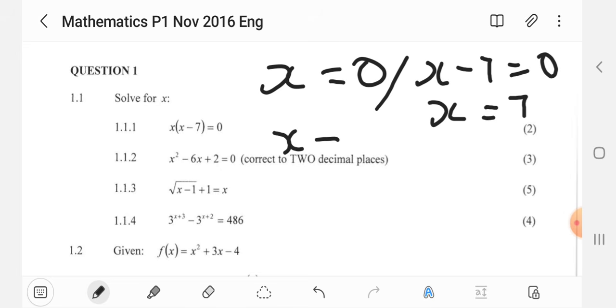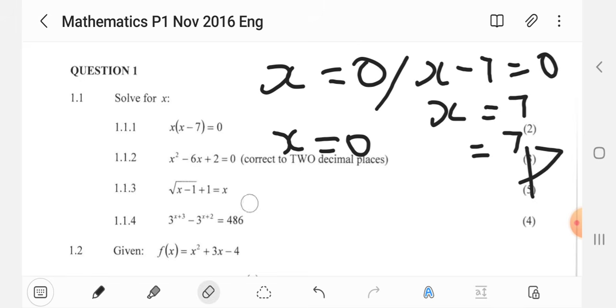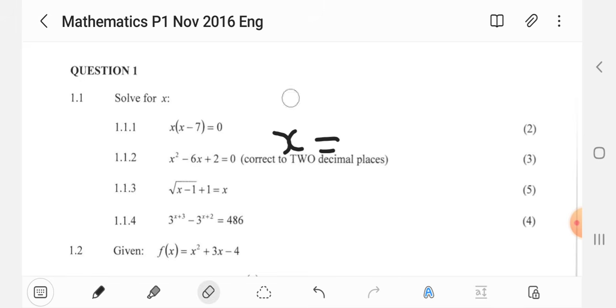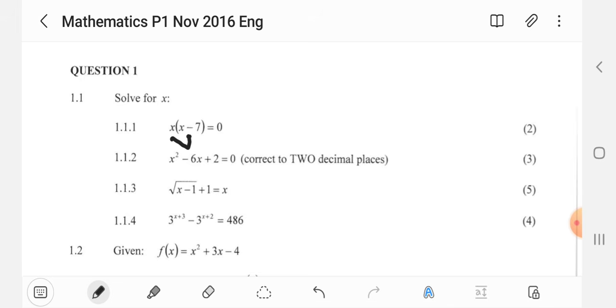So we have x equals to 0 and x equals to 7 for 1.1.1. That's how you do this. Don't confuse yourself. Don't try to solve or anything of that nature if you are given this type of question. Just do this and you are done. You don't have to use quadratic formulas, expand, multiply this x times x, and then x times this. You don't have to do all that. And this is how you get your answer.